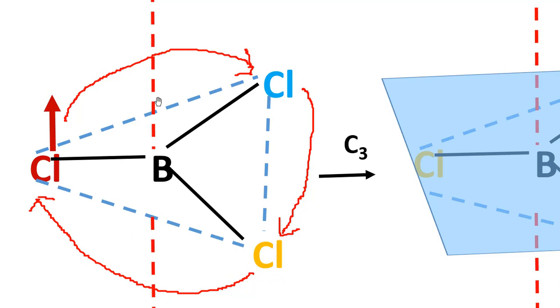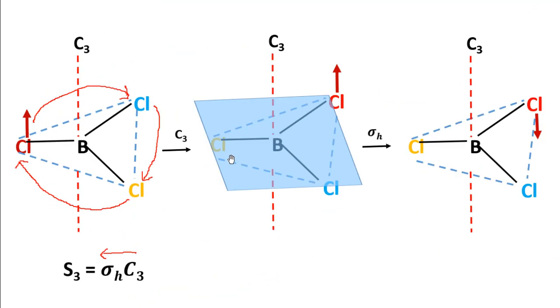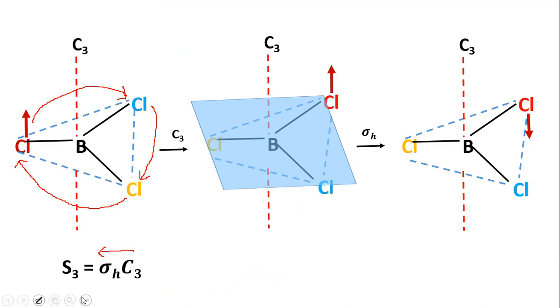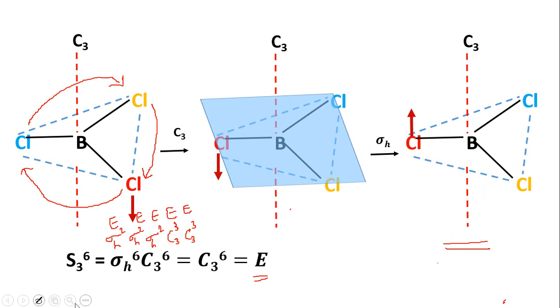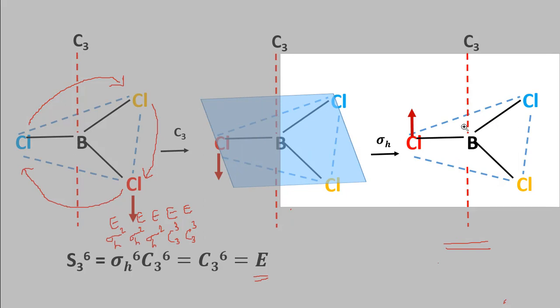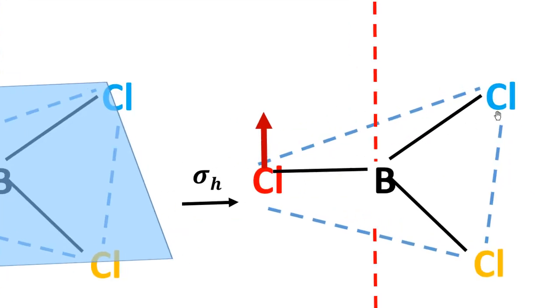Now we will come back to the last slide which we saw, and if you look at this structure, you find the blue here, yellow here, and brown here, and there is an upward pointing arrow here. This is same as the first structure, and so we have come back to the original structure after 6 operations.